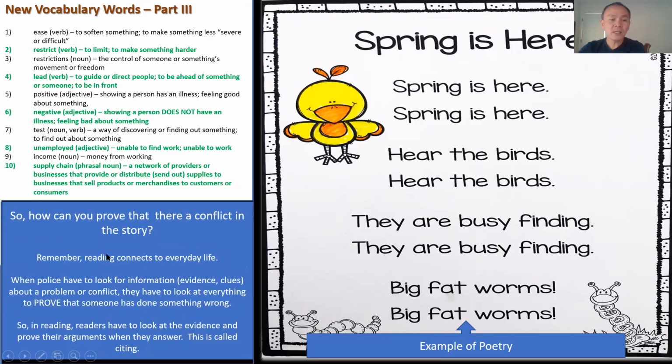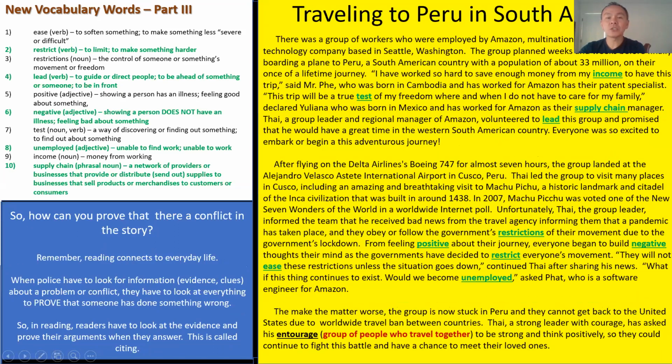So how can you prove that there is a conflict in this story? Remember, reading connects to everyday life. When police look for information, evidence, and clues about a problem or conflict, they have to look at everything to prove that someone has done something wrong. Why did the police arrest John?